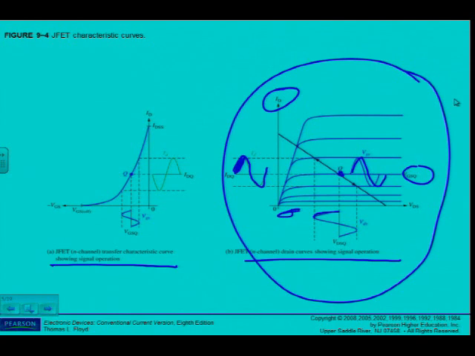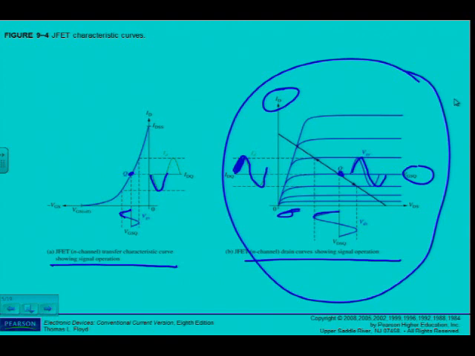And I can also see it here on the transfer characteristic curve, swinging there around the Q point. Here I can see first if VGS increases, I can see that ID decreases and vice versa.